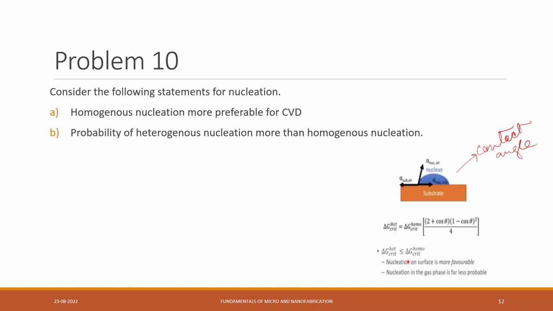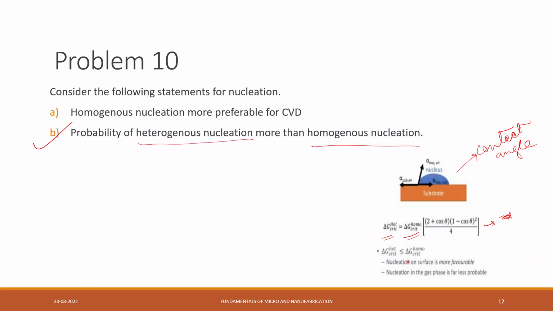From the contact angle, we see that the delta G for heterogeneous is less than for the homogeneous condition, because this factor is less than one and also negative. So heterogeneous is less than homogeneous. Whichever delta G is more negative is more favorable. So heterogeneous nucleation is more favorable than homogeneous nucleation. So this is correct.